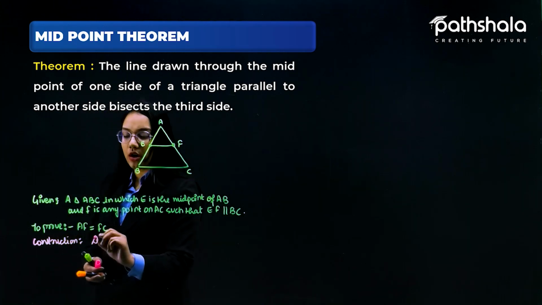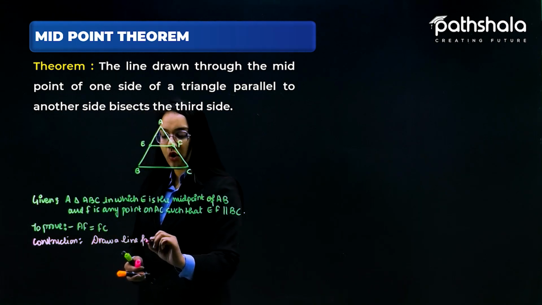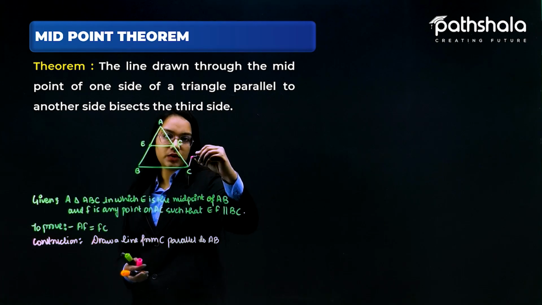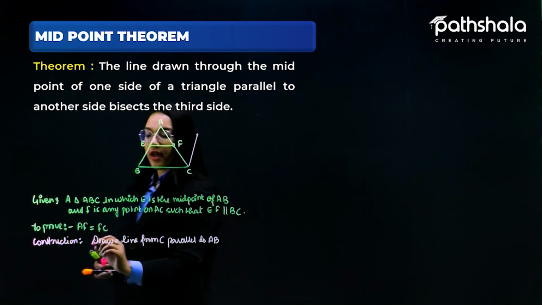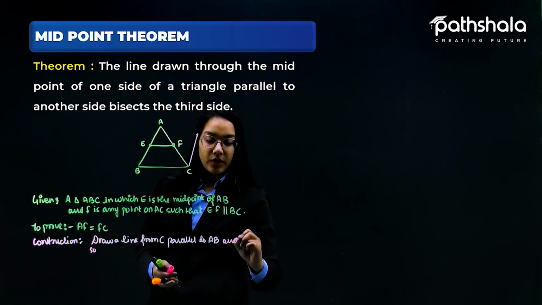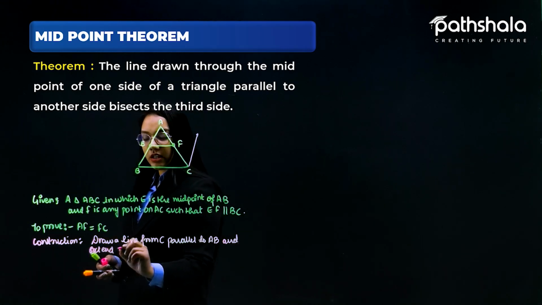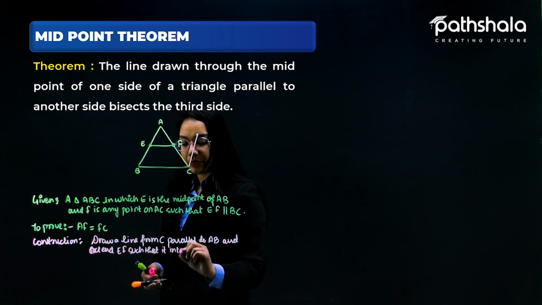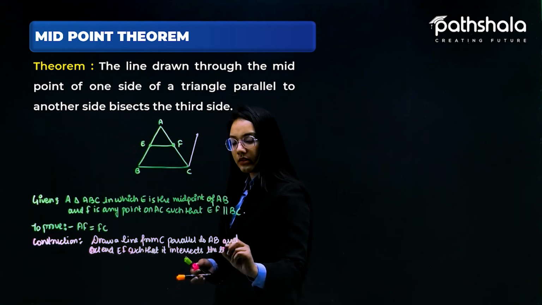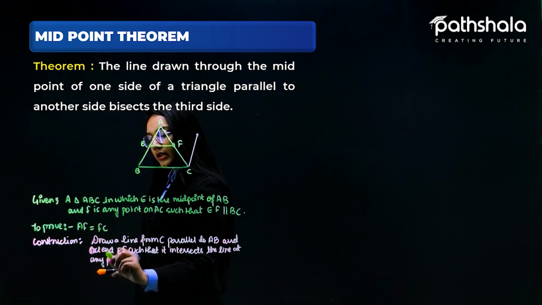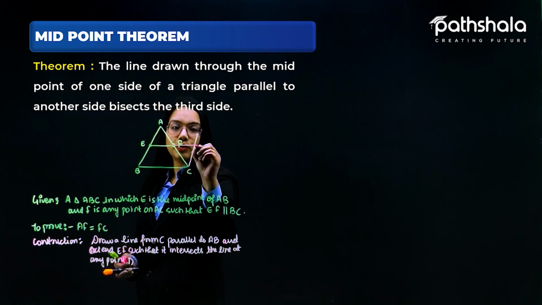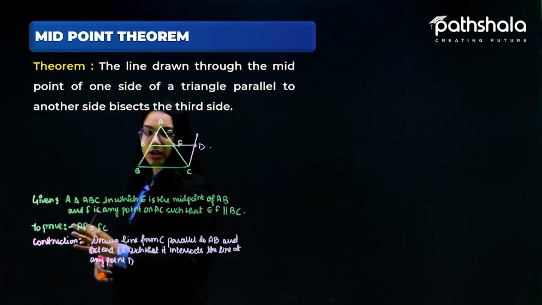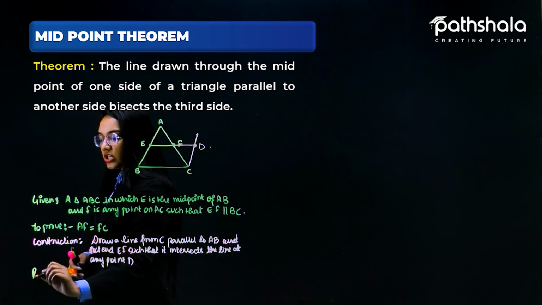I draw a line from C parallel to AB, and extend EF such that it intersects this line at some point D. This is the construction I have taken here, so let's start the proof of this theorem.